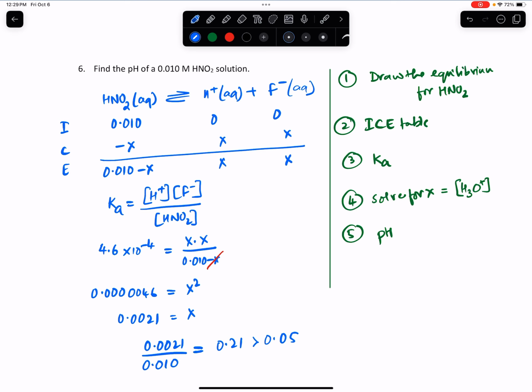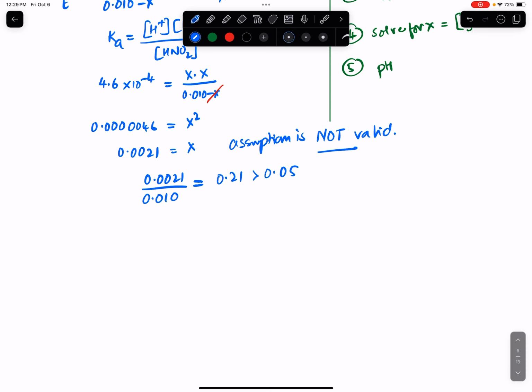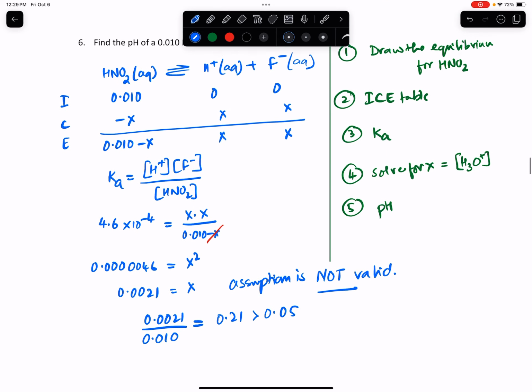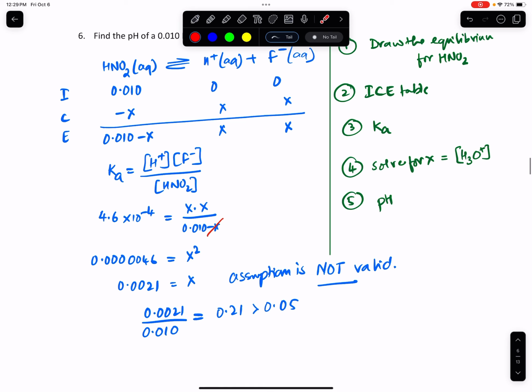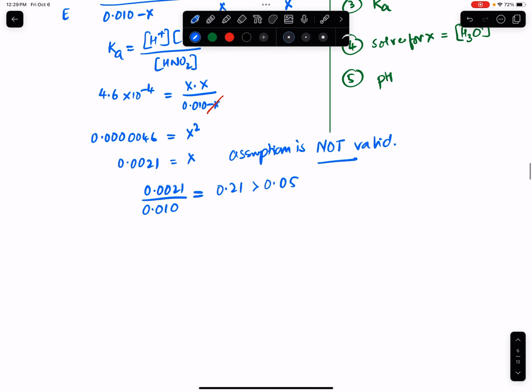Because of that, our assumption is not valid. So we have to solve it the hard way, which means you have to solve the quadratic. Let's go ahead and rewrite that and solve it.